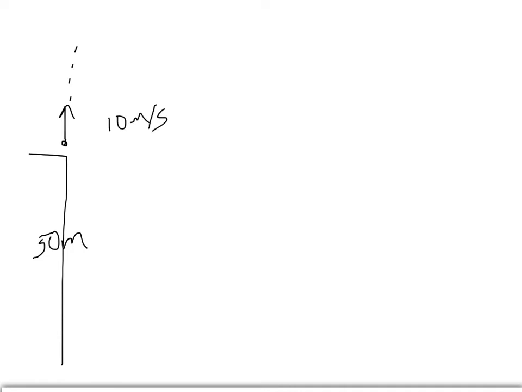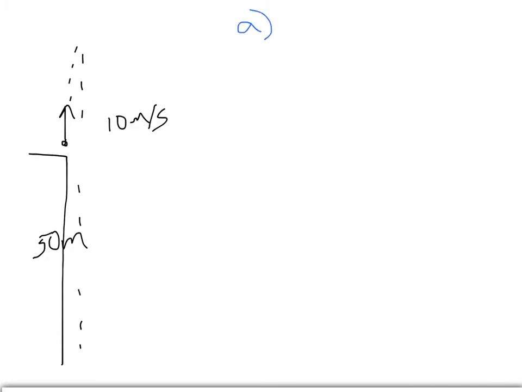Let's look at another example with this same situation in that we're 50 meters above the surface, and the ball is launched up with an initial velocity of 10 meters per second. And so this ball is going to travel up, and then it's going to travel back down. And let's say we want to find three things.